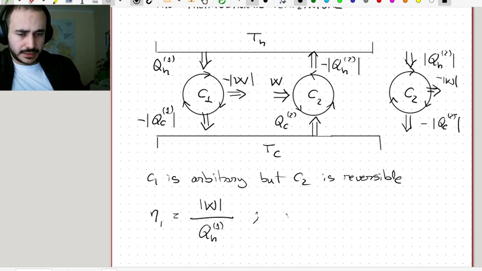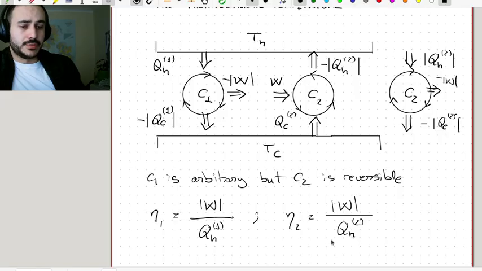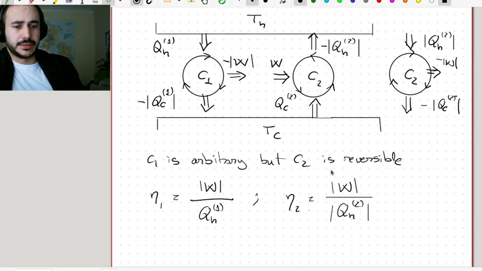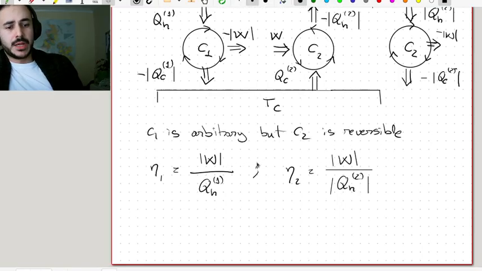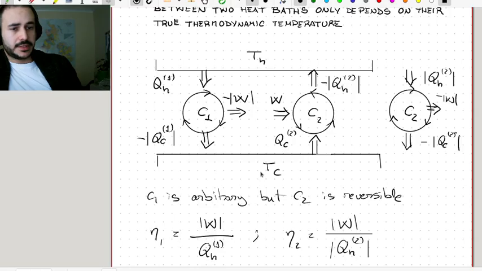And in the second case, we have the same thing, because the work is the same in magnitude, but the heat is in principle different, so it could be different. I'm going to put it in absolute value because it's sometimes negative or positive, so that nobody is confused. Okay, so that's the setup to prove the theorem.